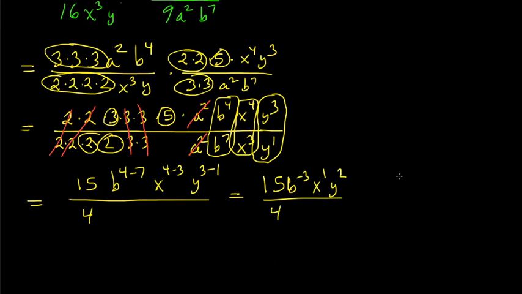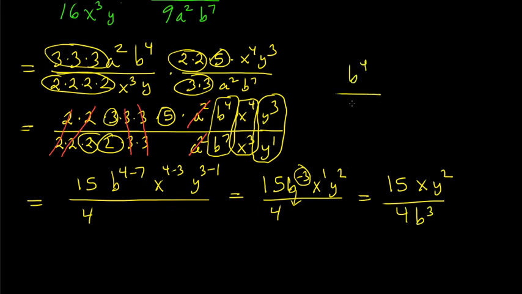Okay. One last thing to do, remember you're not allowed to have negative exponents. So to make it a positive exponent, we'll just bring it downstairs. So we'll make it b to the positive 3 in the denominator. Right, and we could have done that originally by subtracting 7 minus 4, right?